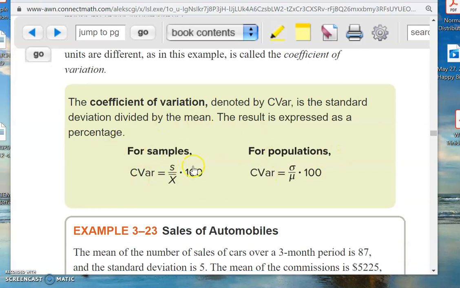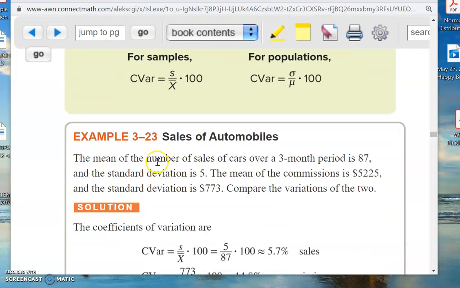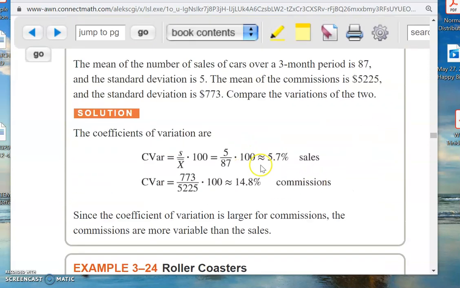And apparently, at least this author, the way he wants to do it is he wants to have it in terms of percentages, by multiplying it by 100. See, 5/87. That's the formula, S divided by X bar. That comes out to be 0.0574712 according to my calculator.